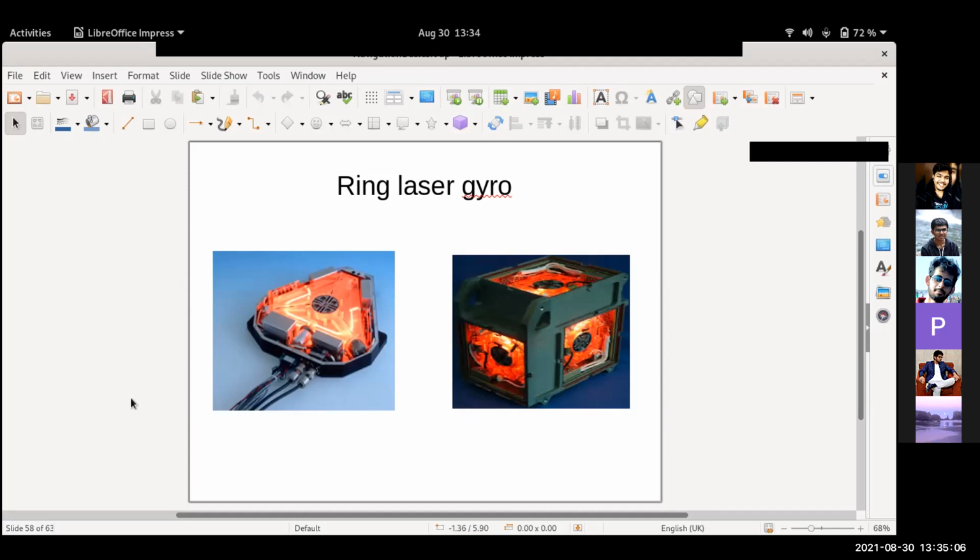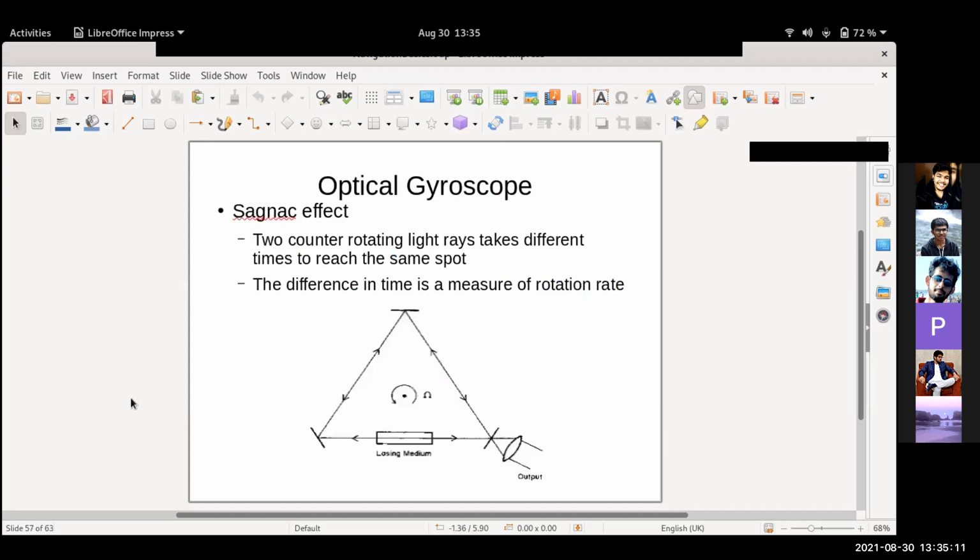It's a very important optical principle used in measuring rotation, and it has many other applications, like canceling out certain noises, which is very good in optics.